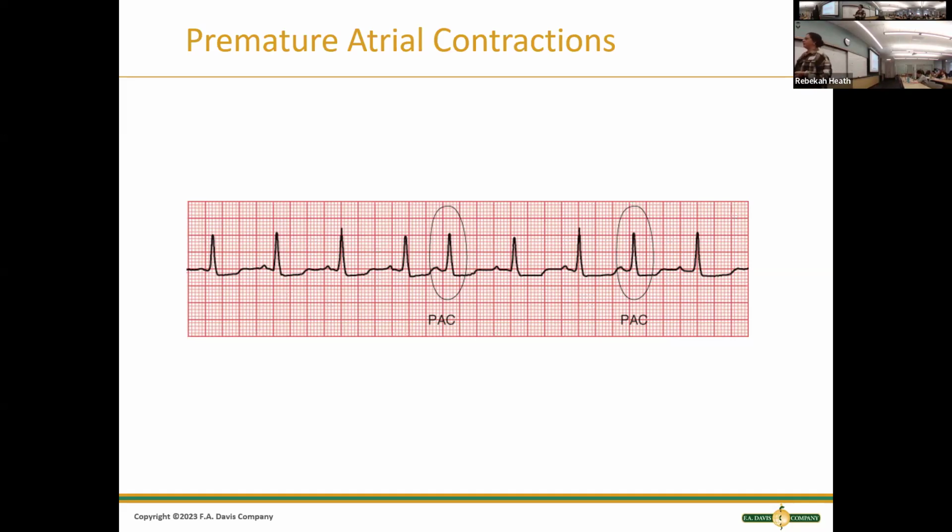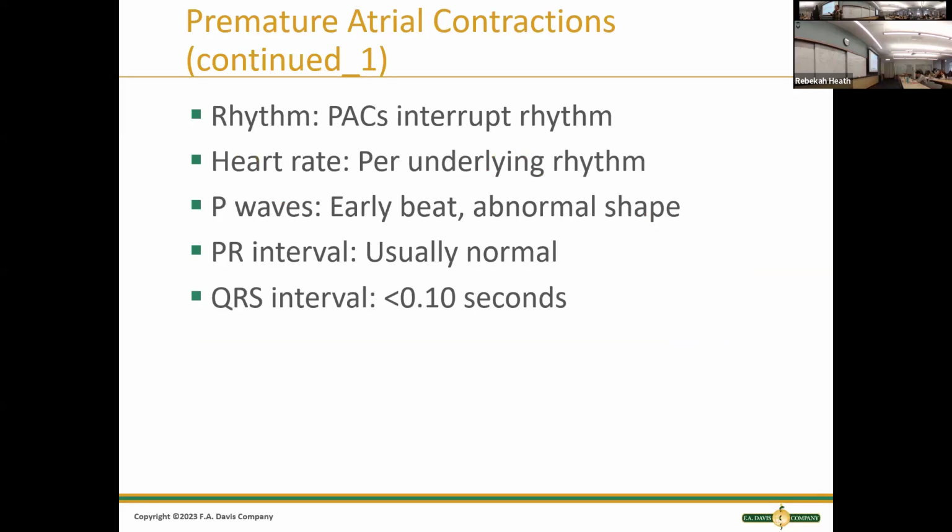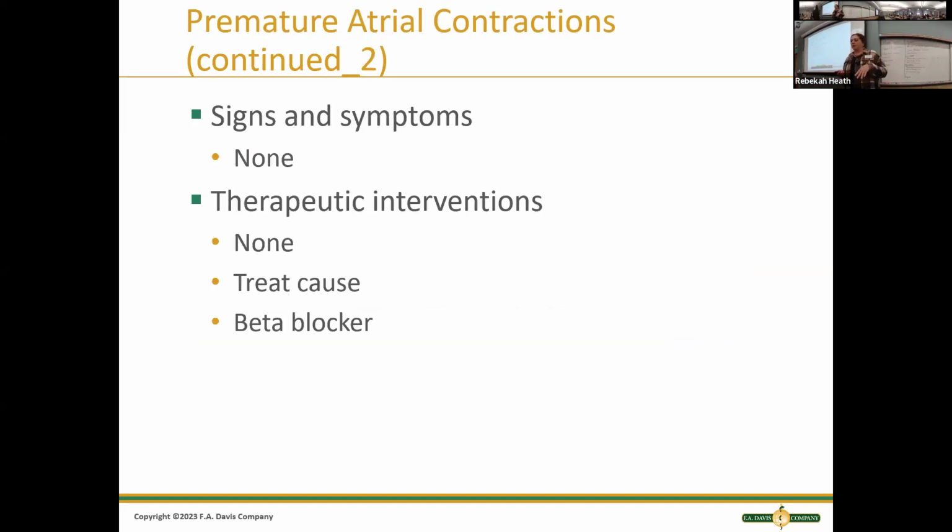It's called a PAC, premature atrial contraction. So they interrupt the rhythm. It's usually not a problem for patients unless it's happening frequently. Then it's really disrupting the rhythm, and you might have patients that feel a little bit different, but usually not unless it's frequent.